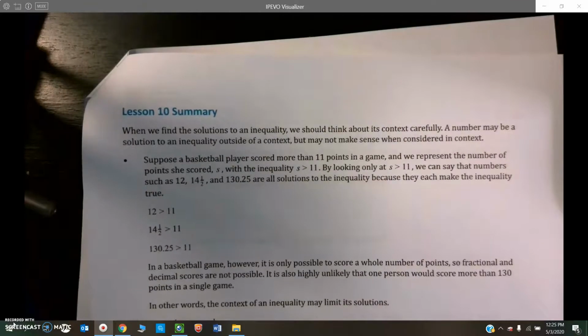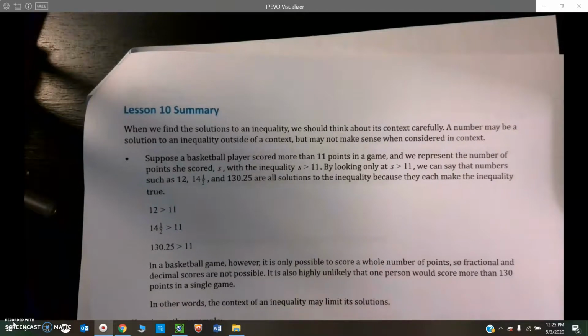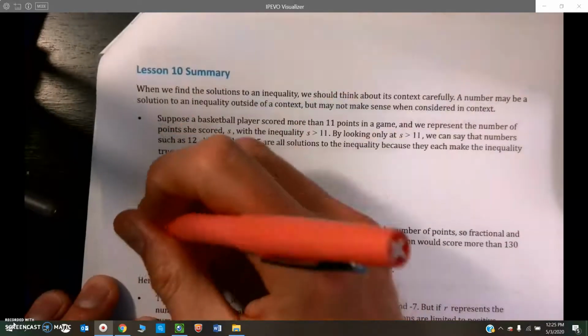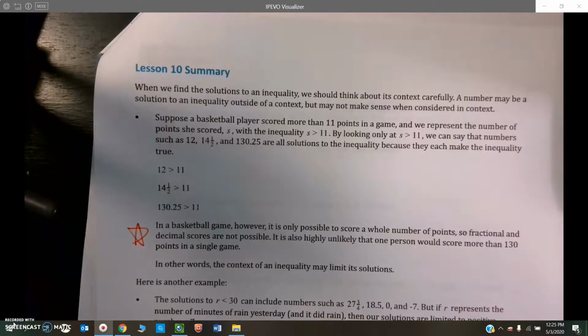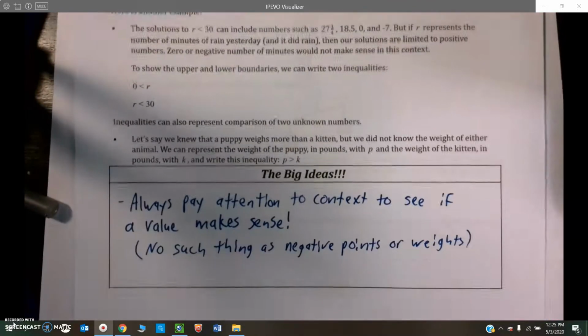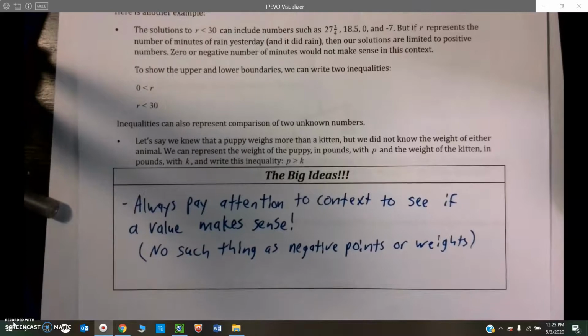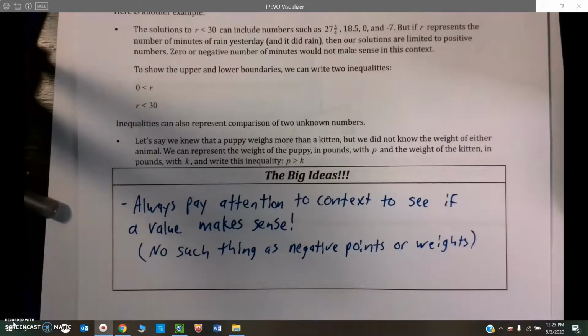But there is no such thing as fractions of a point or decimals of a point in a basketball game. So, it satisfies the inequality, but does it make sense? No. So our big idea, always pay attention to context to see if a value makes sense. No such thing as negative points or weights, or we could also say in certain contexts fractions or decimals or what have you.